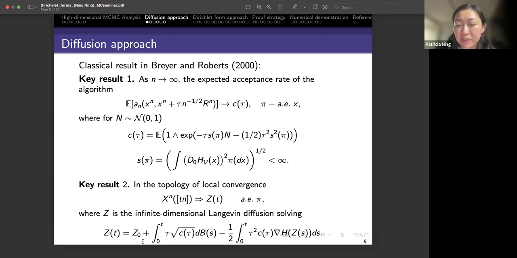Z_t equals Z_0 plus the integral of tau times the square root of C(tau) dB_s, where B is the standard Brownian motion, and one half the integral from 0 to t of tau squared C(tau) times the gradient of the Hamiltonian function, ds.